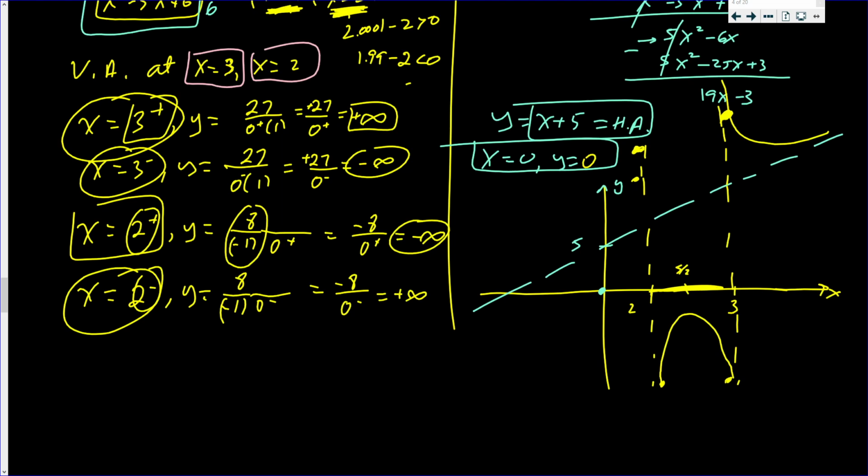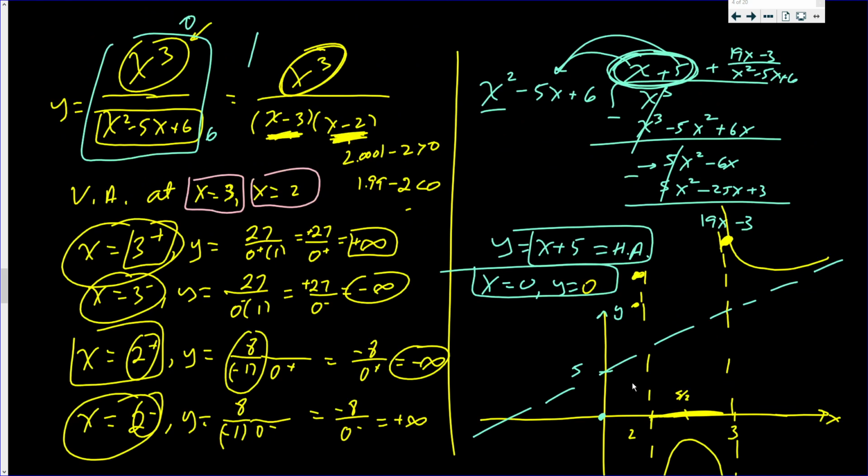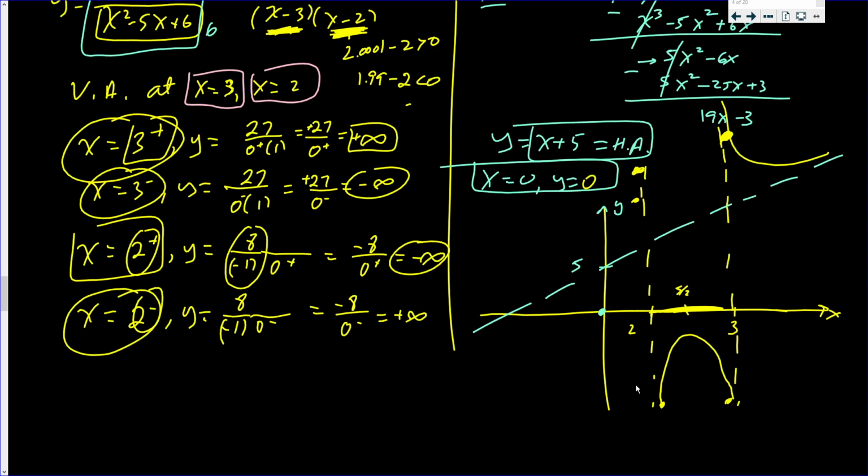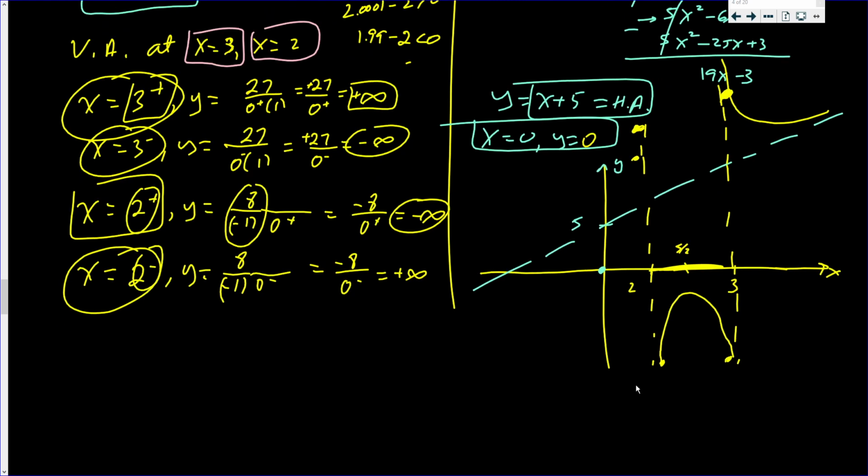I want to make sure something's right. 27 and 1. Okay. So you are way up here, and you have to cross here and get closer to the blue line.